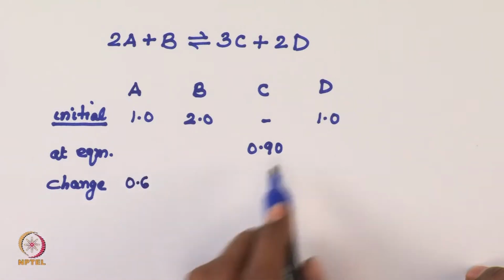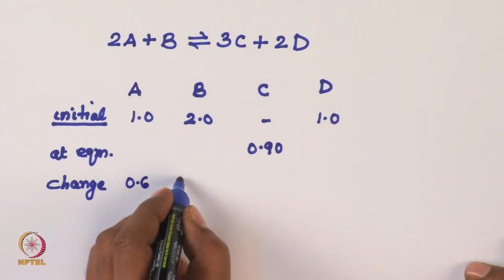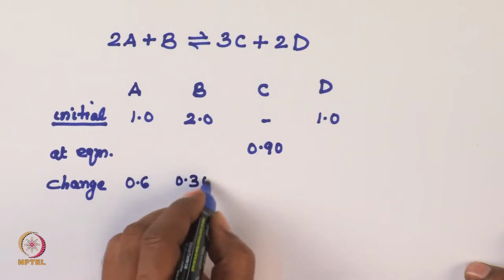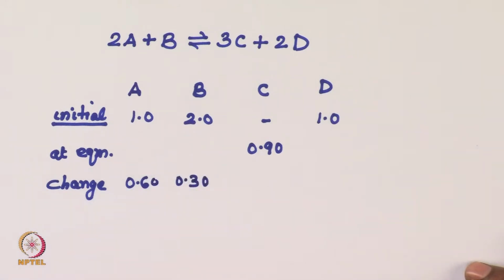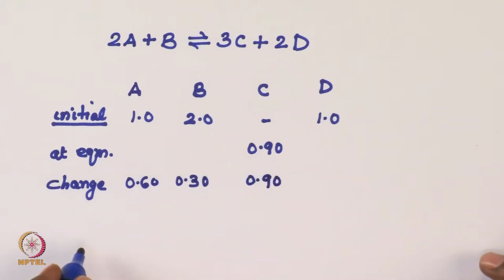That is 2/3 of 0.9, and for B it is 1/3. 1/3 of 0.9 is 0.30. And for C anyway the change is the same because there was nothing in the beginning.